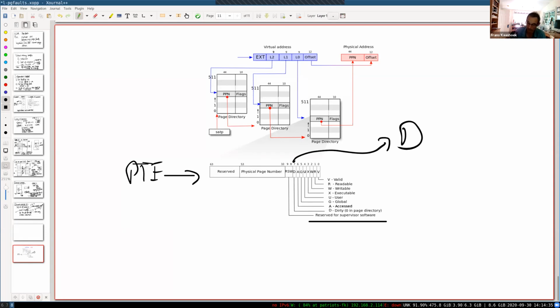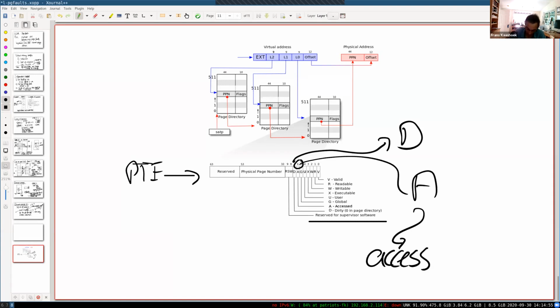So the operating system can later easily see that this page was written to. Similarly, there is an A bit, which stands for access. Whenever a page is either read or written, the access bit will be set. And why is that useful to know?